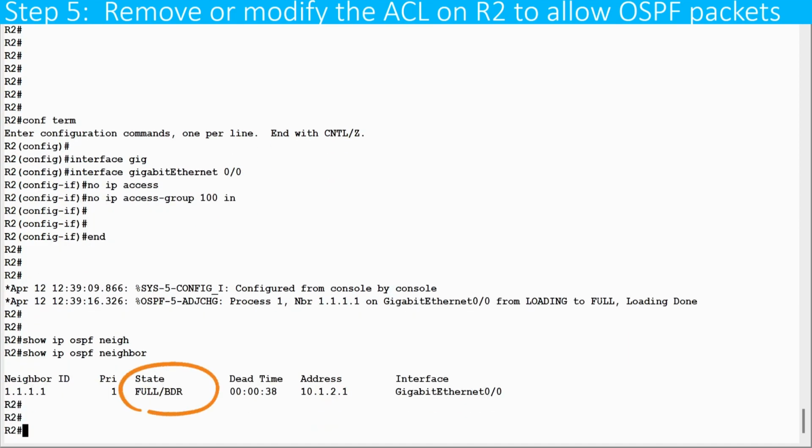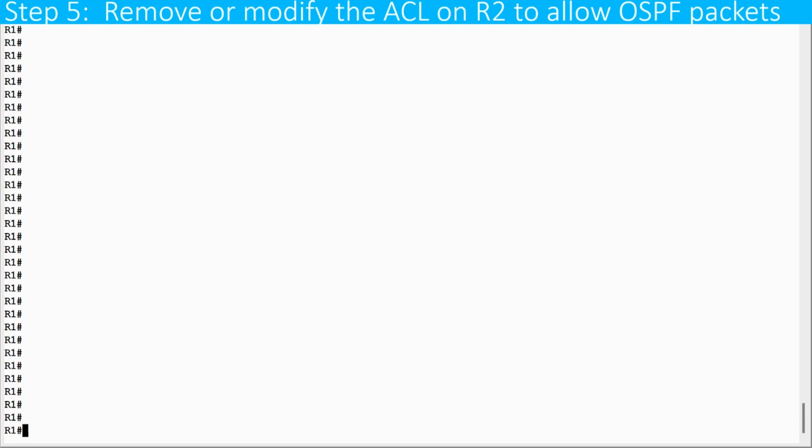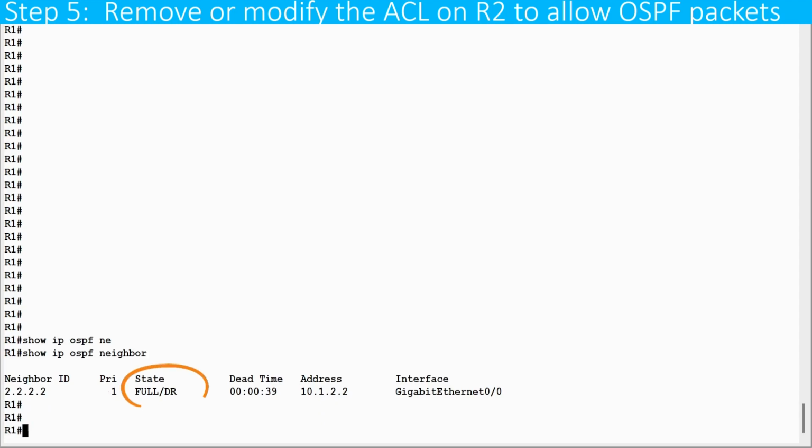As you can see, the OSPF neighborship between router 1 and router 2 is in full state now. If you look at OSPF neighborship on router R1, it is also in full state as expected.